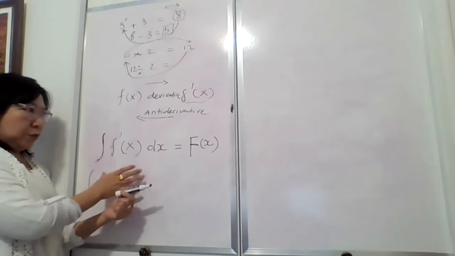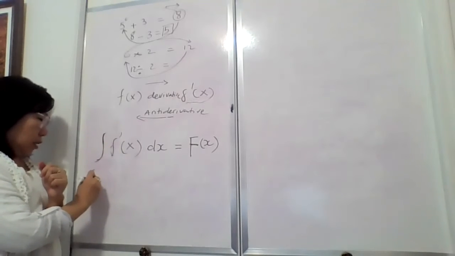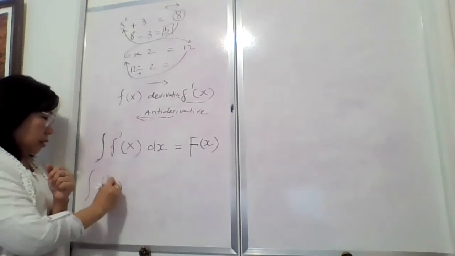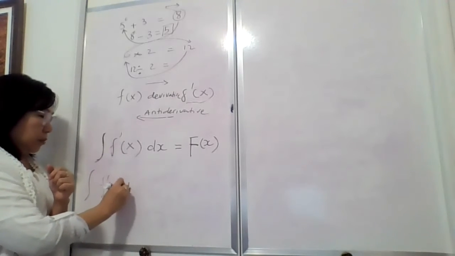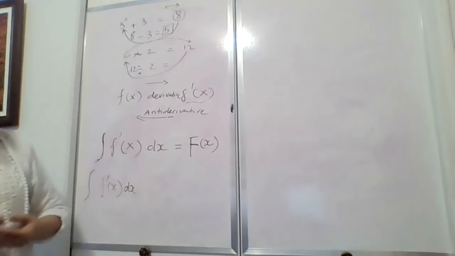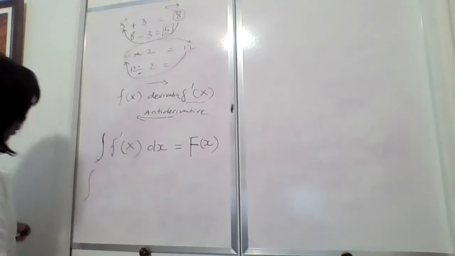This is the f prime, and we try to integrate the f prime function, right? So the notation is f prime x dx. You know what? Let me try another notation here, because we already know this notation.